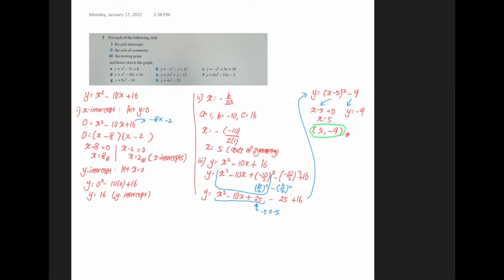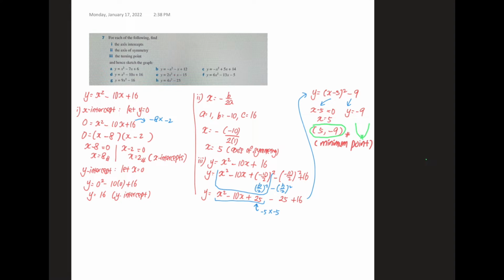It's a minimum point because, as you can see, in front of the bracket there is nothing here. That means it is positive. Positive means it is a happy face like this, and there's a minimum point here.